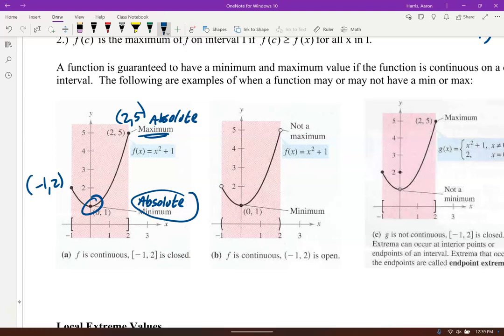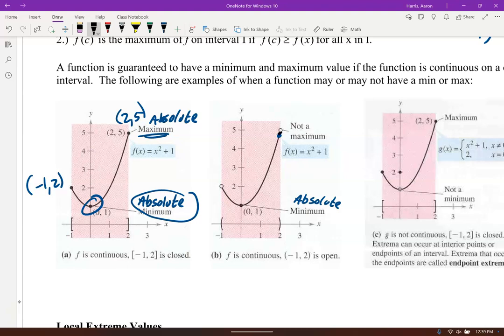Now the second one is an open interval, right? It's not a closed interval. So that absolute minimum is still the lowest point. It is absolutely the lowest point on the interval. But notice I say no maximum up here. Why is that? Well, 4.9 is on there.